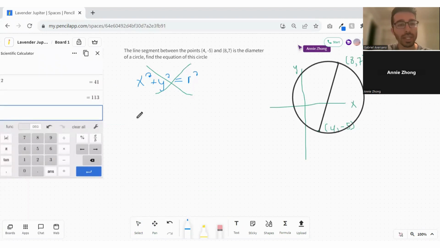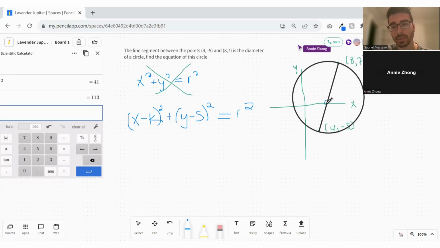So the equation, we're going to write it as x minus h squared plus y minus, let's use variable k. I don't like using r, let's use k because we have an r squared over here. So we'll use this equation, which is really similar, except that the point h, k is going to represent the center of the circle.